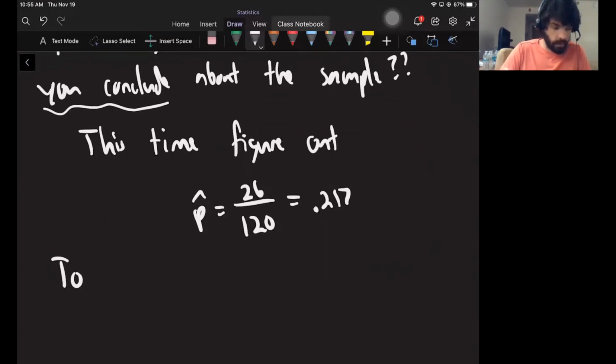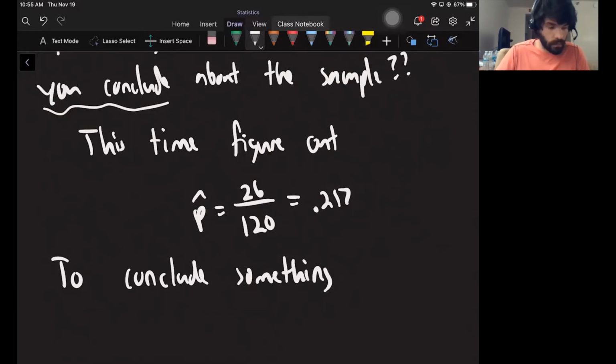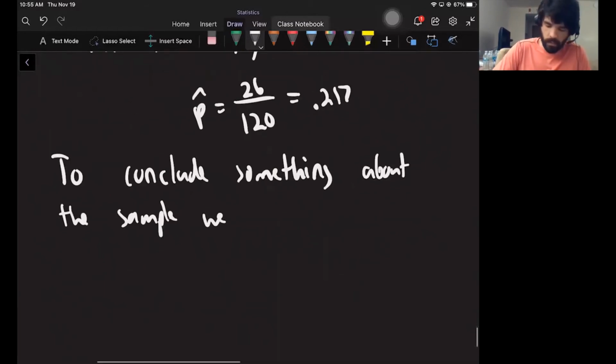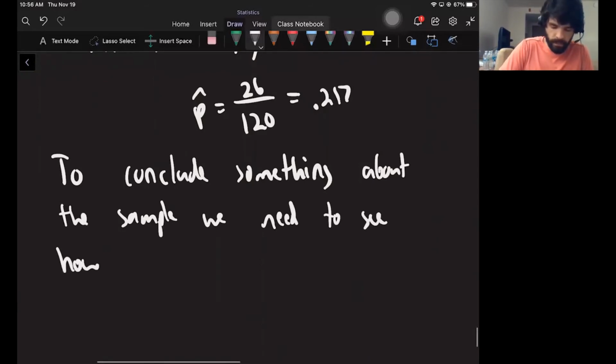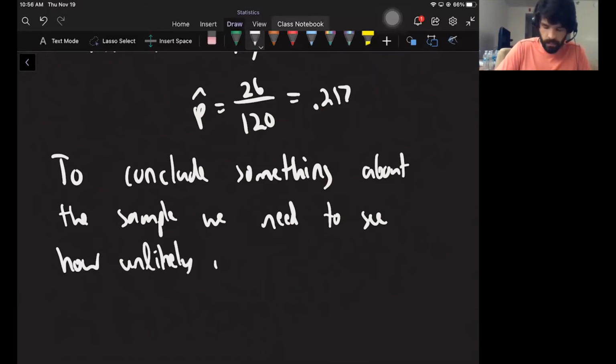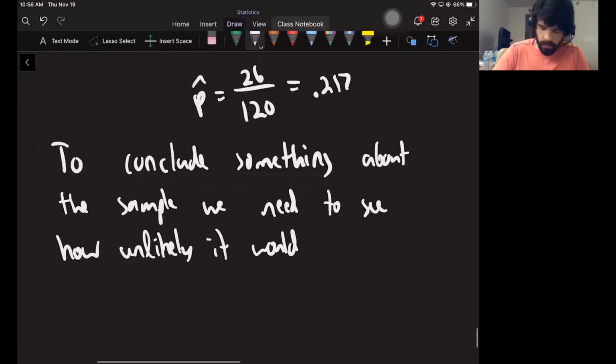Okay, so to conclude something about the sample, we need to see how unlikely such a sample would be, or how likely it would be either way, to get such a sample.